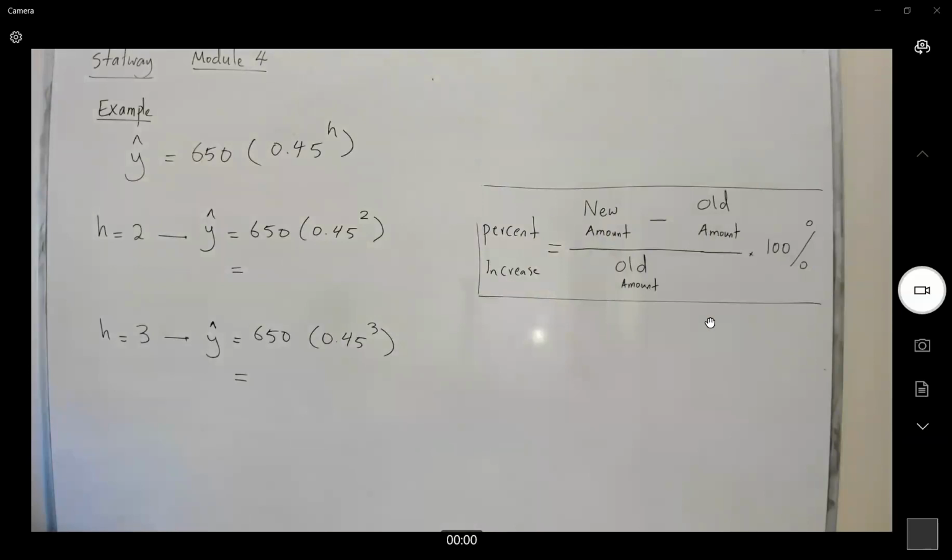So after 2 hours, what's your calculation? After 2 hours, after 3 hours. So we expect this to get lower and lower, the decreasing amount.